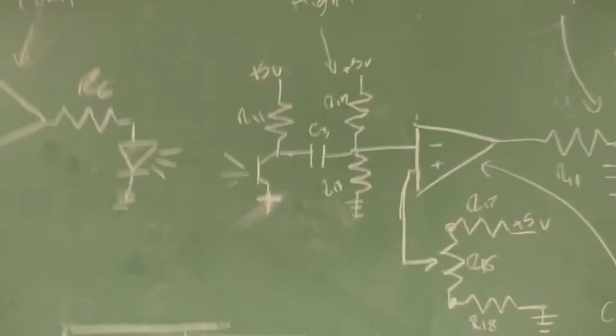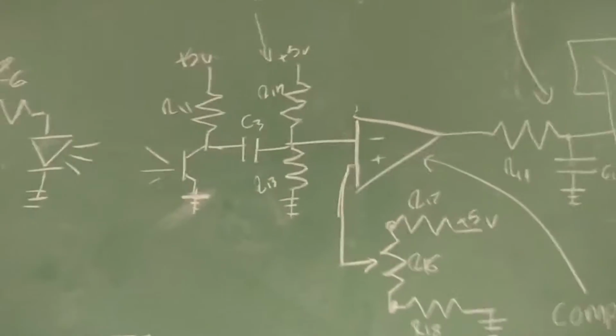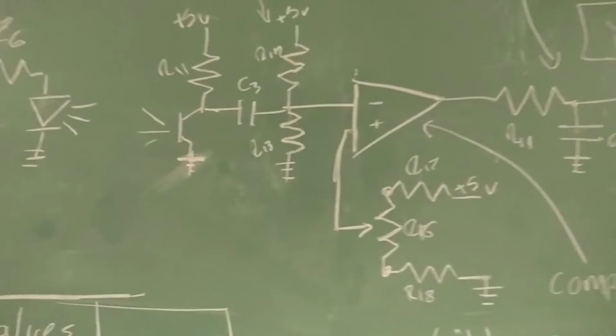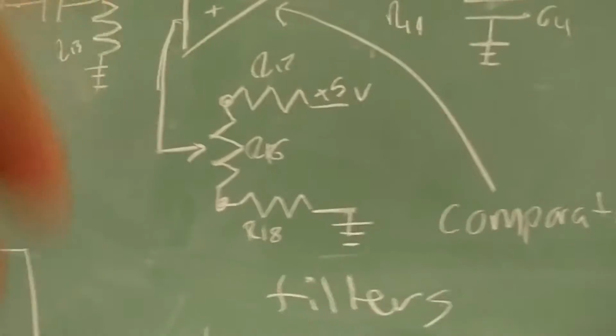So that gets fed into this op amp. This is used to select that middle voltage, so that you get very little difference, and that's what this line represents here: this constant voltage coming out of the potentiometer selector.